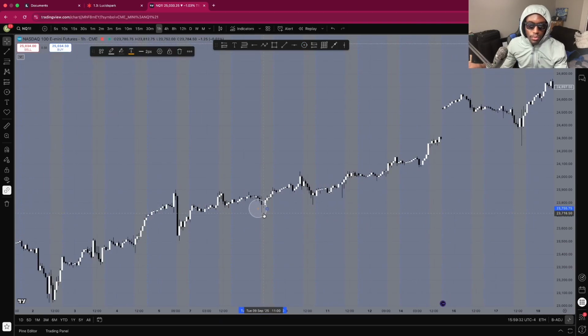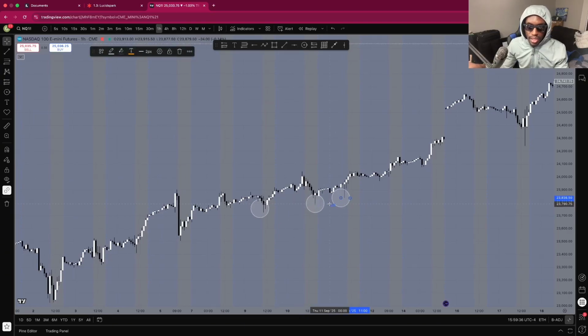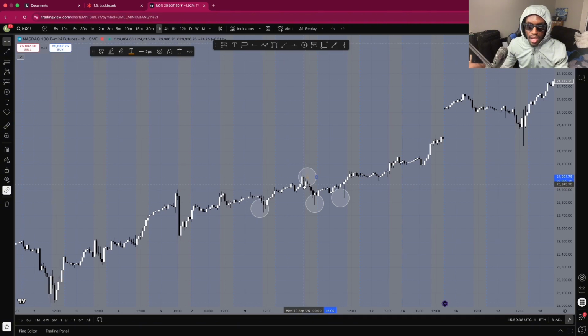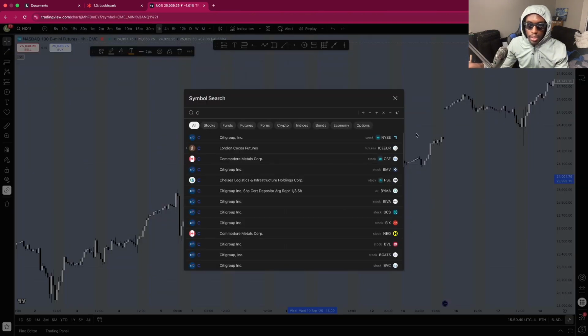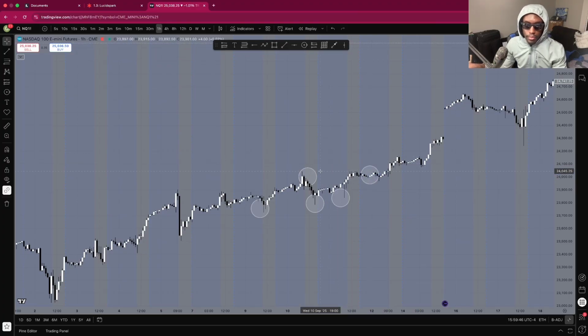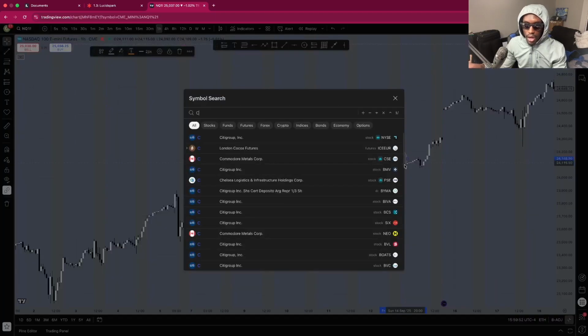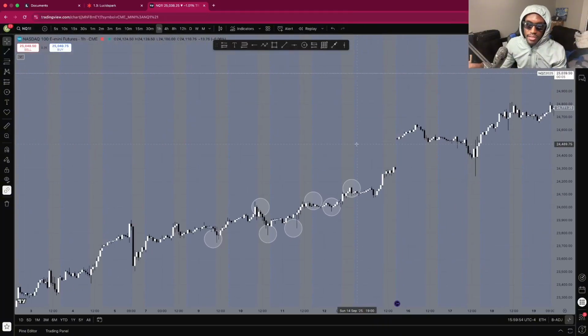We form a higher low. Then we form another higher low, right? Simultaneously, we're making higher highs. Higher high right here. Higher high right here. Higher low. Higher high, right? So it's just a constant sequence of higher highs.